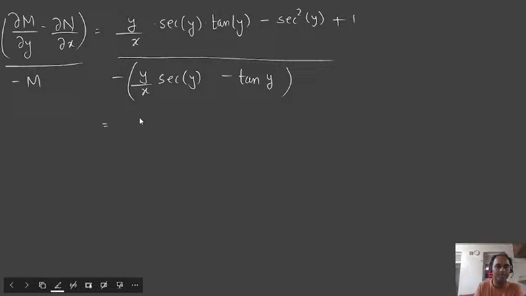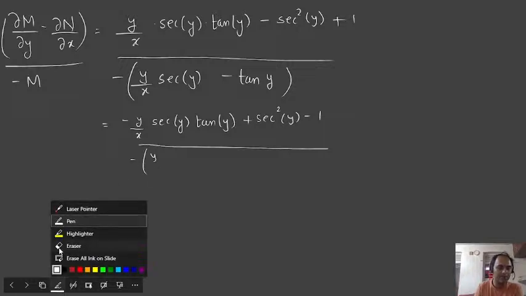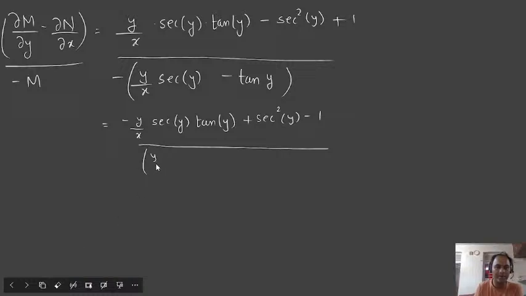What we get is minus of (y/x) sec y tan y, and then plus sec² y minus 1, and then here you have minus, this minus is gone, so y over x sec y minus tan y. This is what is left.